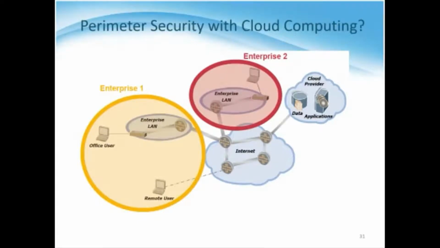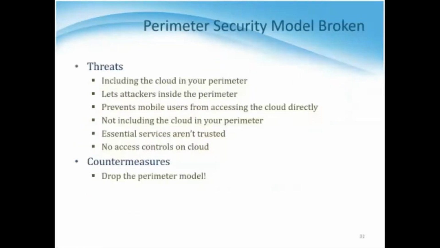And what are the problems with the perimeter security? When we access the server from a different location, what are the major threats for me or for my company? Including the cloud in your perimeter. The perimeter is my local company.